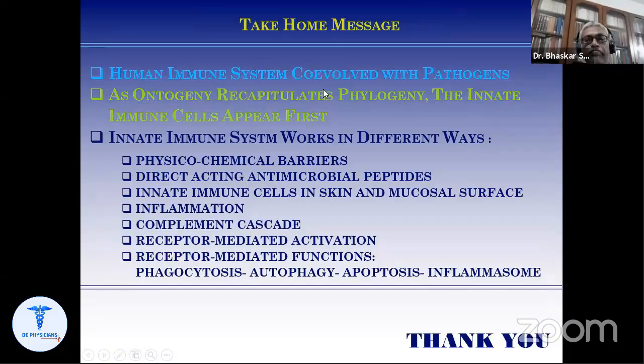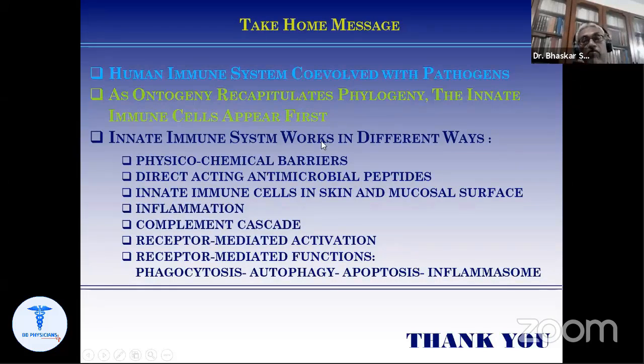So basically, what we see here at the end is that the human immune system co-evolves with pathogens. As ontogeny recapitulates phylogeny, the innate immune cells appear first during embryonic development, and also they appear first at the site of inflammation.